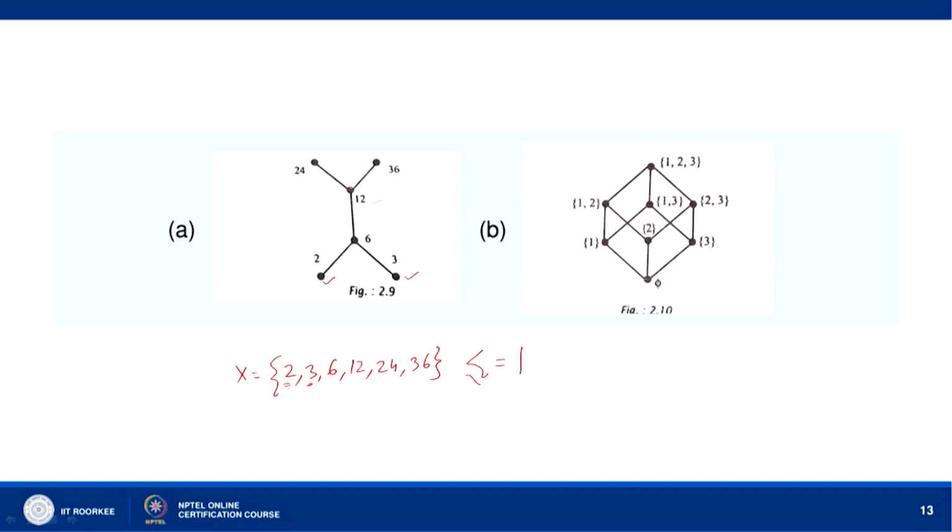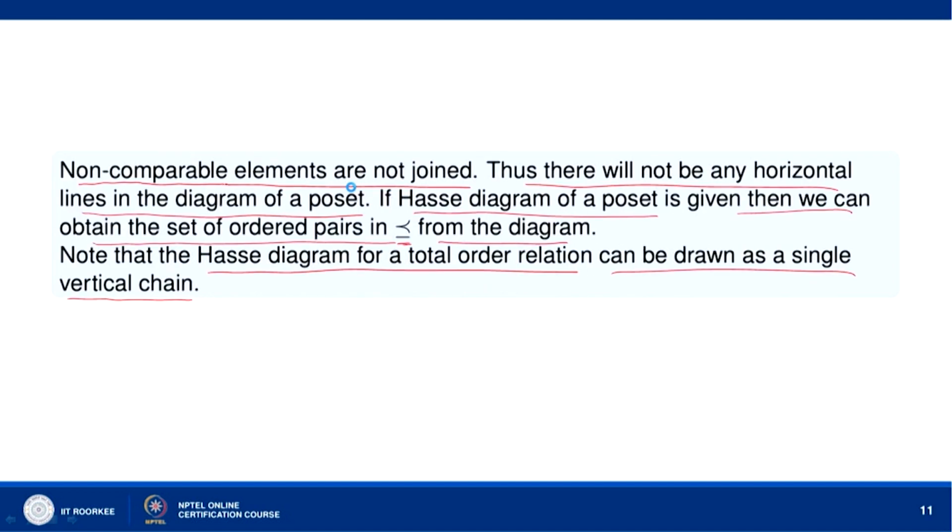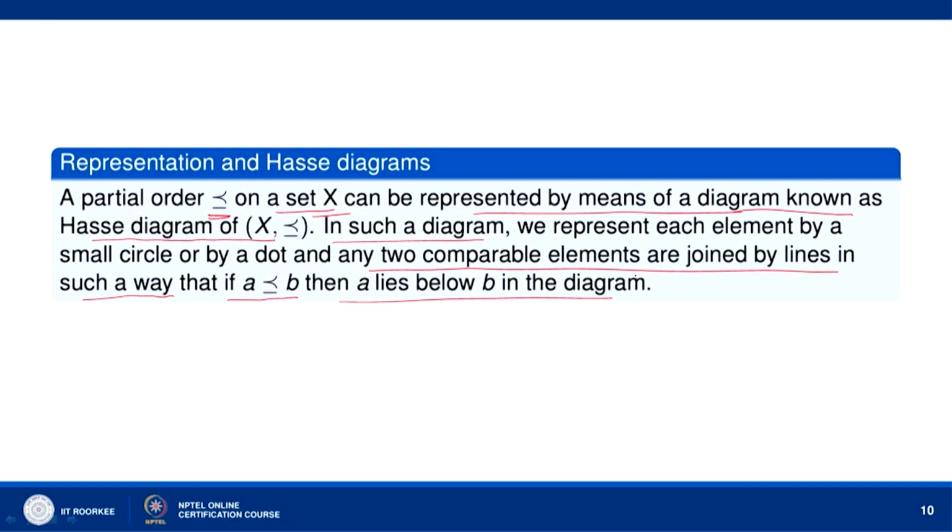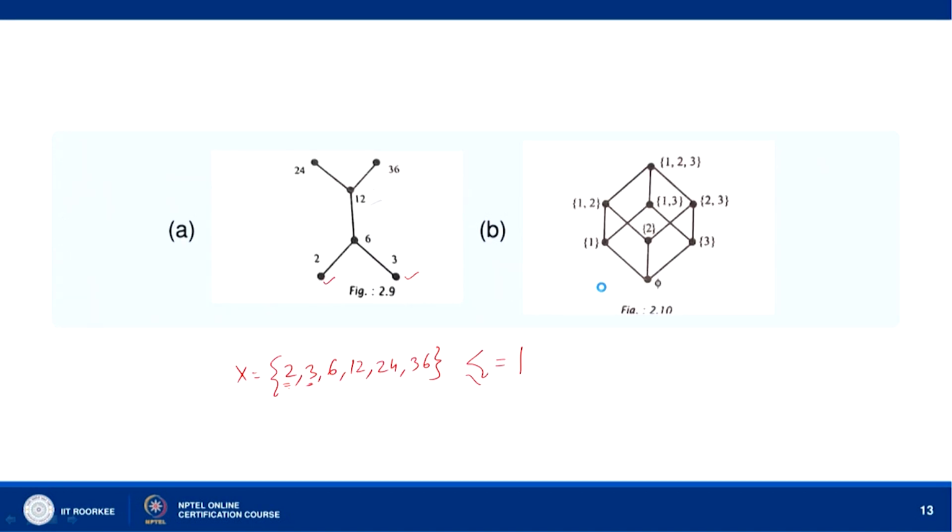Now, one more thing you remember, we have said that two comparable elements are joined by lines in such a way that if a divides b, then a lies below b in the diagram. So, let us keep that in mind. So, 3 divides 6 means 3 should lie below 6.